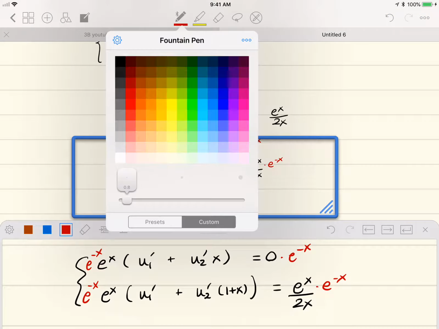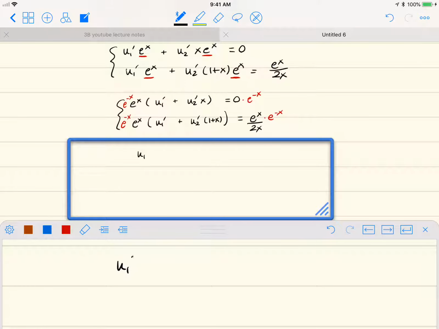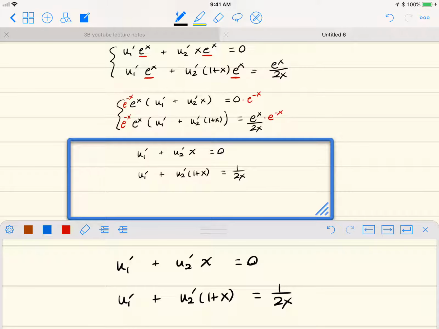Things are going to cancel out. I can rewrite my equation as u1 prime plus u2 prime times x equals 0. And for the second one I'll have u1 prime plus u2 prime times 1 plus x equals 1 over 2x.